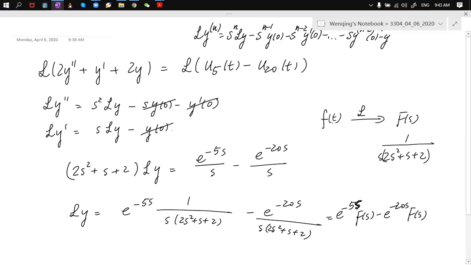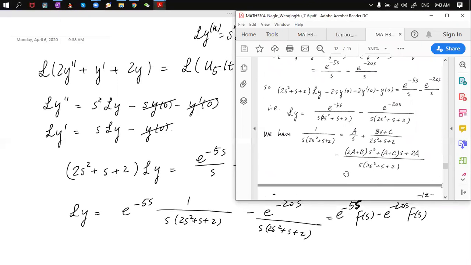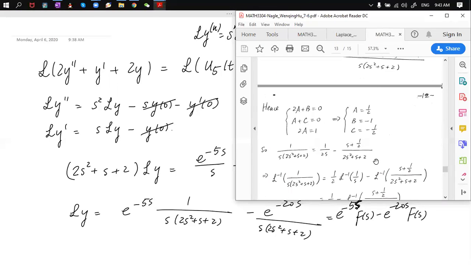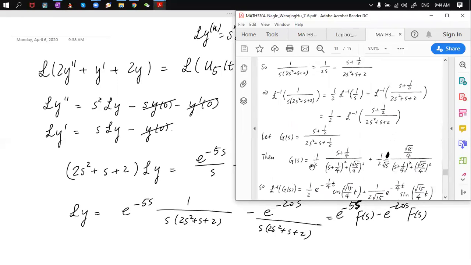To this end, you have to do the heavy business of partial fraction decomposition that I showed you earlier, which I'm not going to repeat in today's lecture. Remember, whenever you have a quadratic denominator, you either decompose it or factorize it into a product of two first order terms.